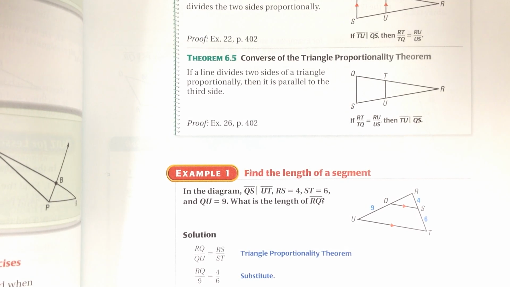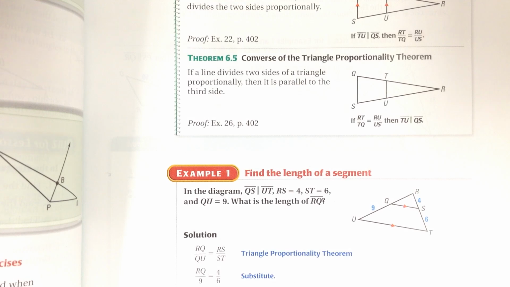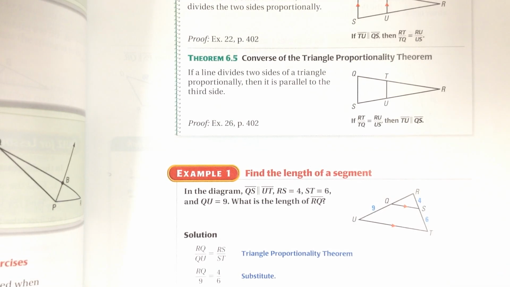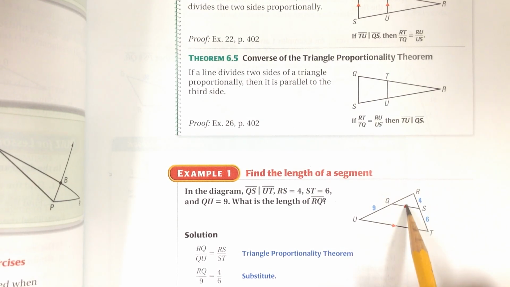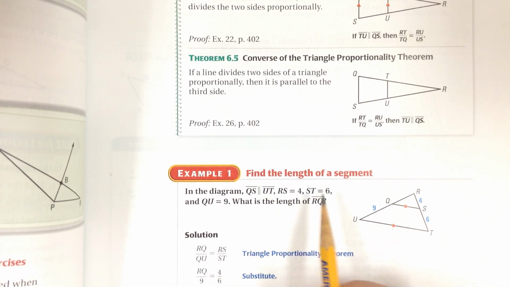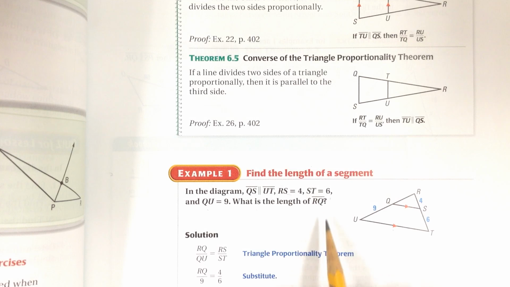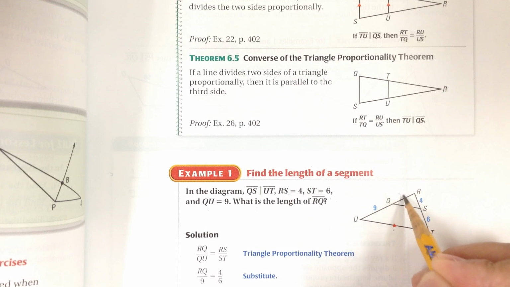So over here, you see the marking, so it tells you that they are parallel, which is nice. And they give you the numbers, so what is the length of RQ? What is this X over here?